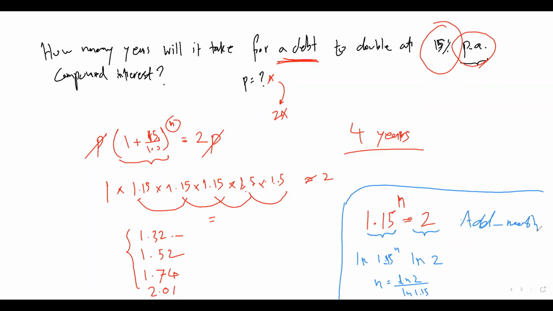All right, any type of question similar to this is the approach. Maybe we do one more this time. Let's do an example of depreciation, like the value of a car which drops 27% each year.